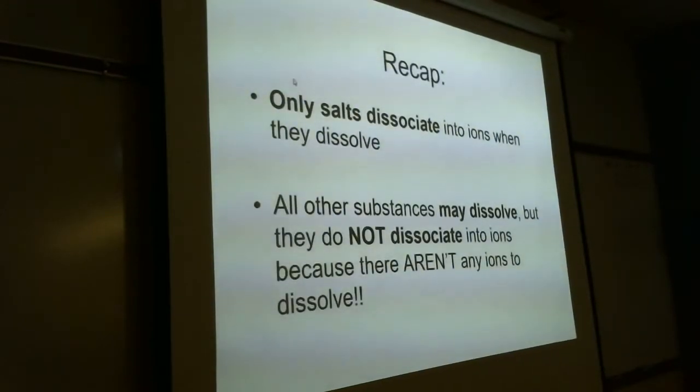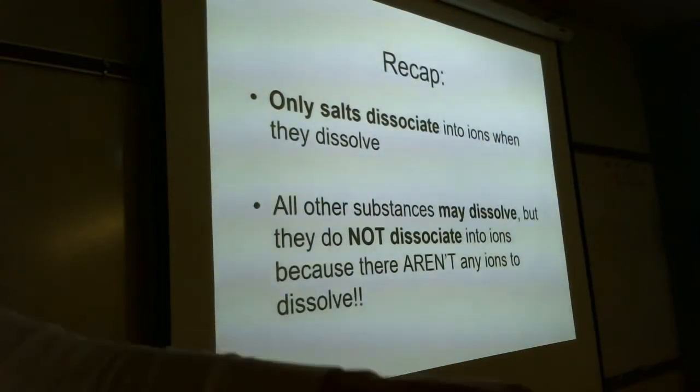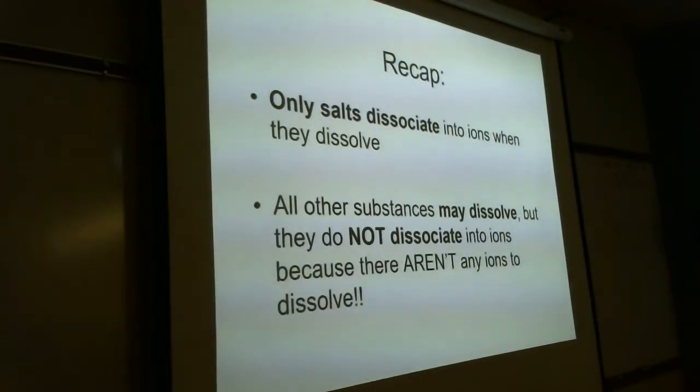And just a reminder that only salts dissociate. Remember, dissociate means produce ions. Only salts are going to dissociate. Other substances might dissolve, but they will not dissociate. Okay, so if you dissolve a carbonyl compound in water, it might dissolve, but it's not dissociating.